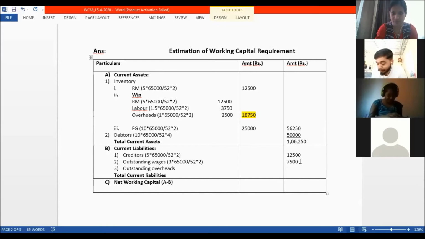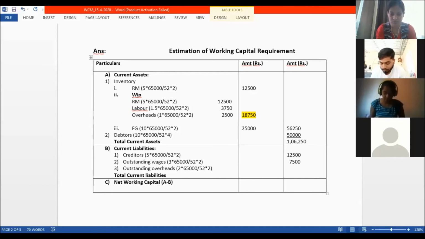Now next line. Show the calculation of the overheads. Overheads per unit is 2 rupees into all units. This is the total amount of overheads. We'll divide it by 52 weeks for getting overheads of 1 week. Then we'll multiply by holding time of 2 weeks. So we'll find out by multiplying by 2 weeks.